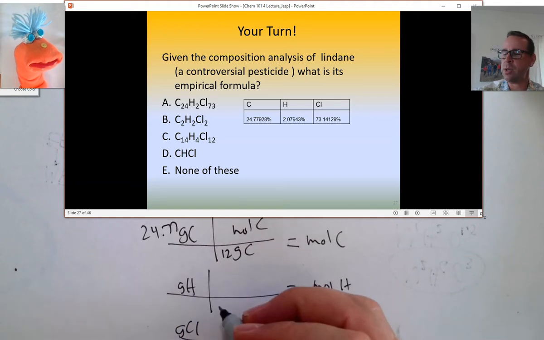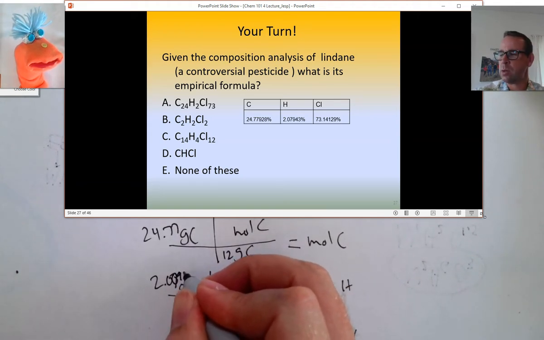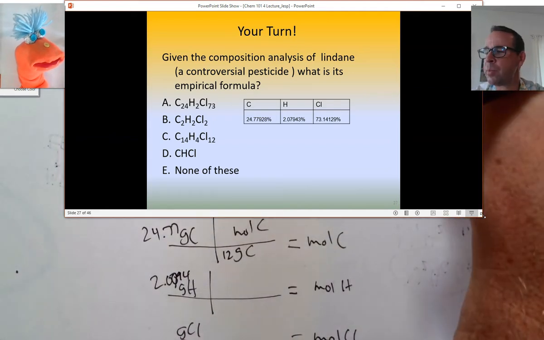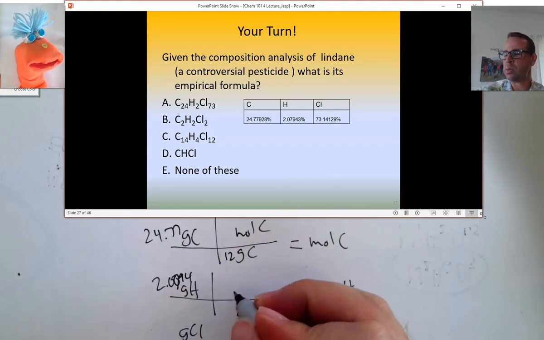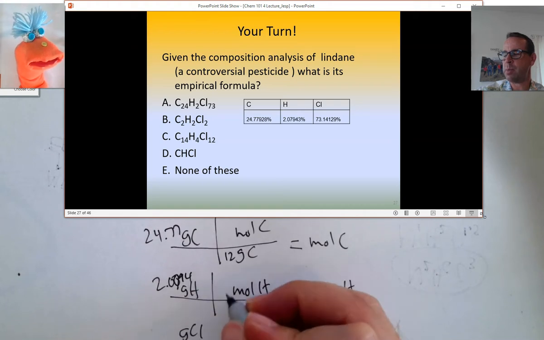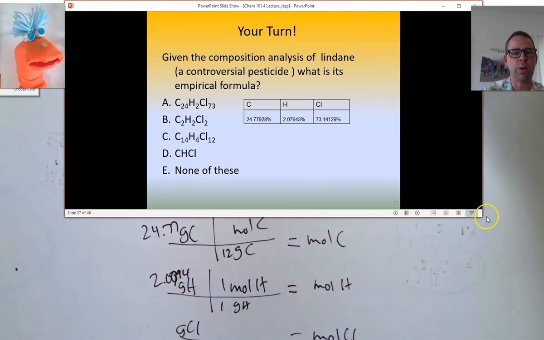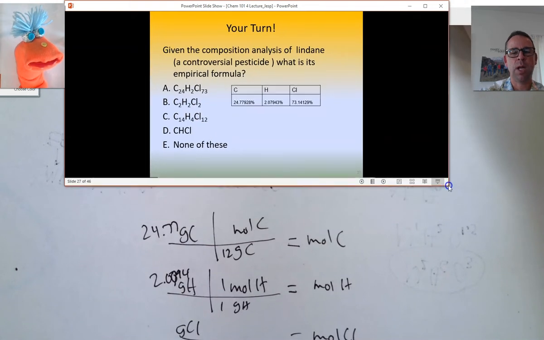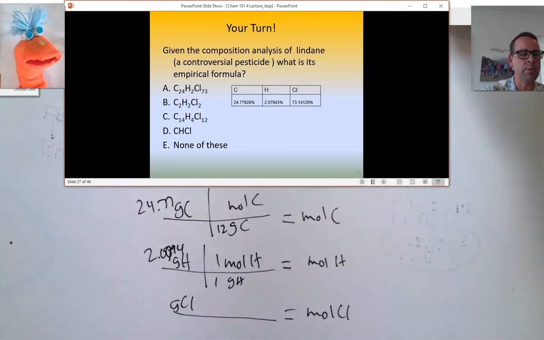My grams of hydrogen, 2.00794, right? That is my grams of hydrogen, but that's a 1-to-1 ratio for moles of hydrogen, right? Because on the periodic table, that's just 1 gram for every mole of hydrogen. Okay? And then for chlorine, do you remember what it is on the periodic table?